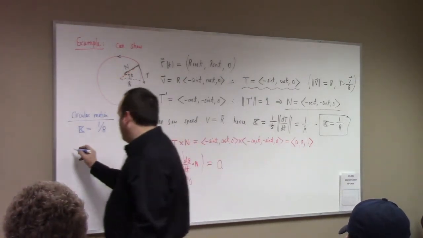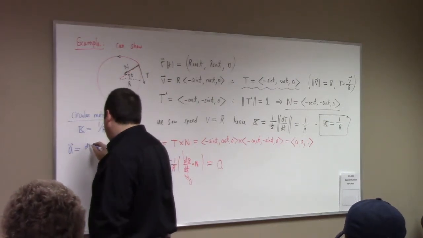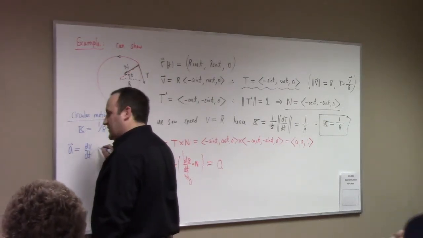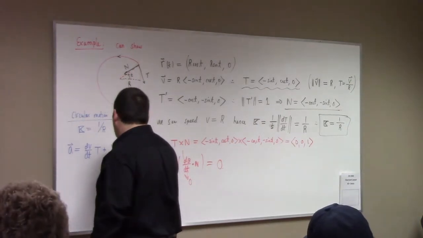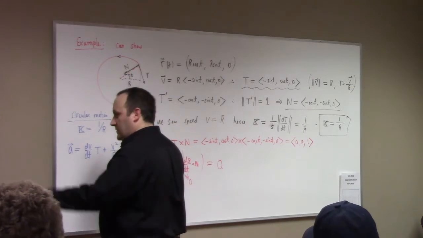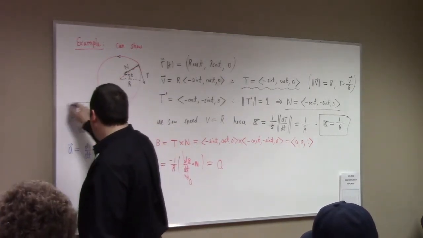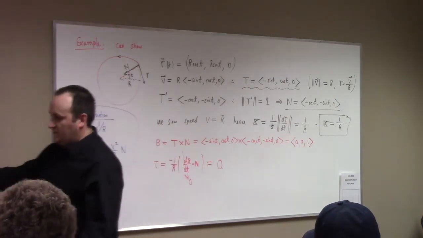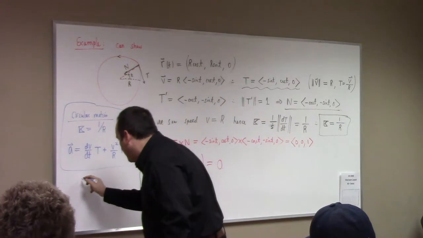So what does my formula for acceleration look like? Acceleration is dv/dt times the tangent direction plus v squared over r times the normal direction, right?